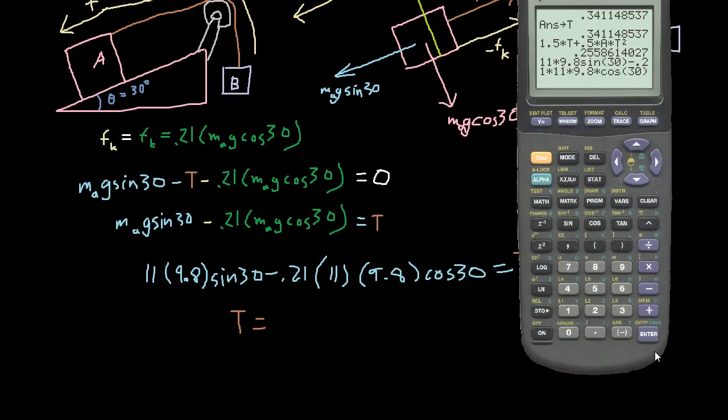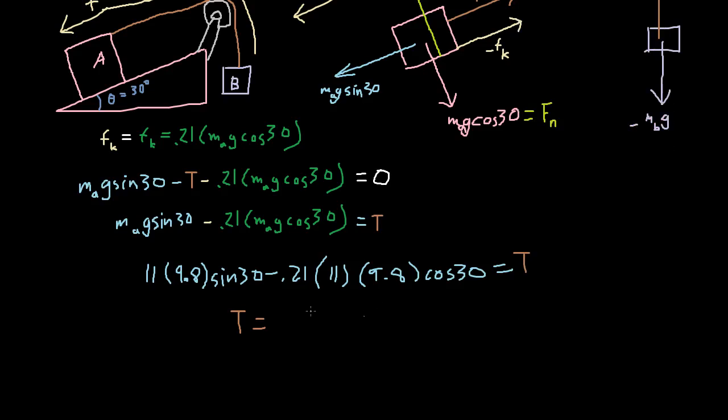Let's see what that gives us. That gives us 34.3. So I'm going to store that into T for tension. Tension is 34.3.